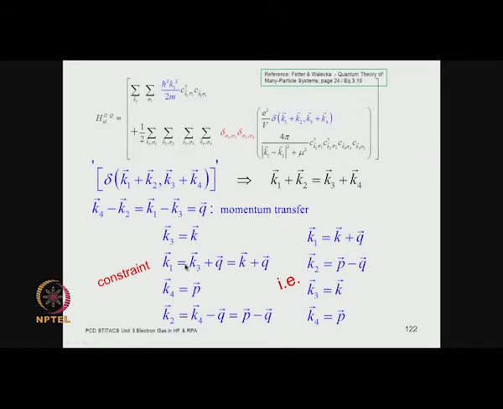And if you write these 4 momentum variables in terms of new parameters K, Q and P, these are the 3 new variables that we introduce.